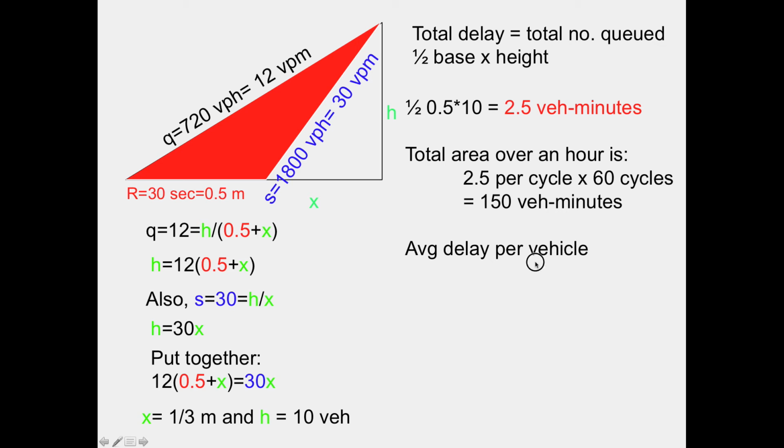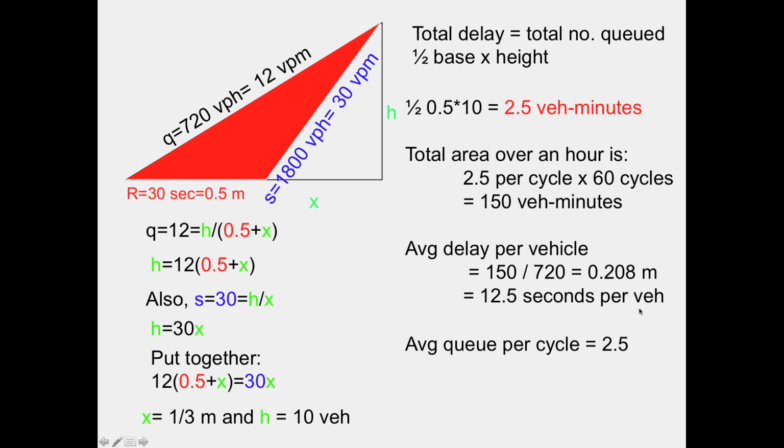So the average delay per vehicle then, we have 150 vehicle minutes divided by the total number of vehicles arriving in an hour, 720. So that's 0.208 minutes, equal to 12.5 seconds per vehicle. And the average Q per cycle is 2.5 vehicles.